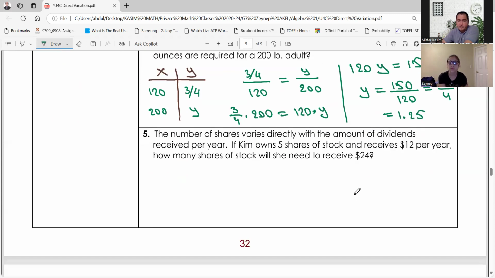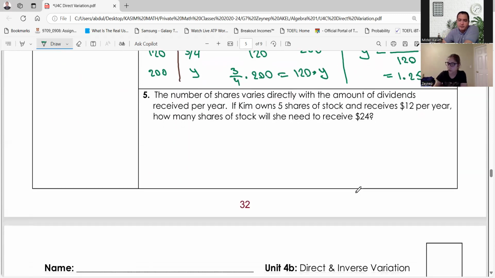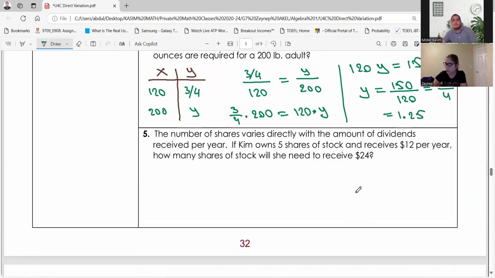Now you will try the next question. Read the question. The number of shares varies directly with the amount of dividends received per year. If Kim owns 5 shares of stock and receives $12 per year, how many shares of stock will she need to receive $24?